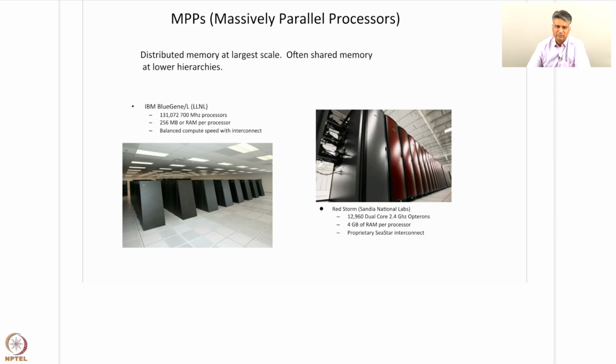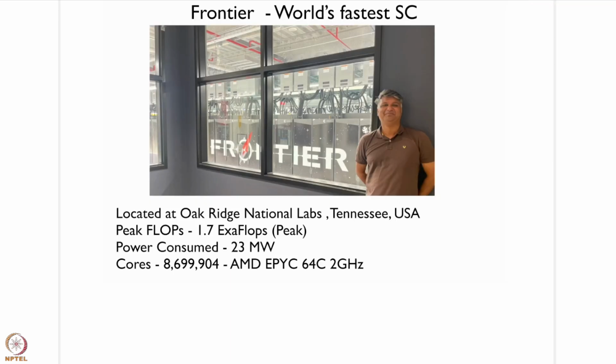There are two similar examples given over here. Effectively, you have one computational node which will have several CPU cores, and several of these nodes will then be connected via some sort of interconnect.